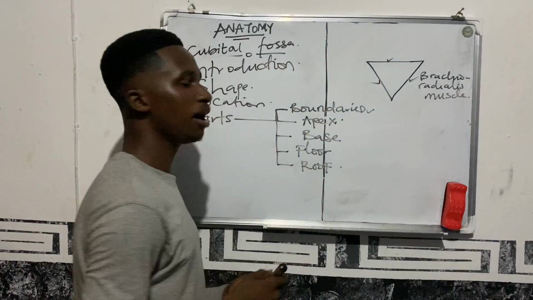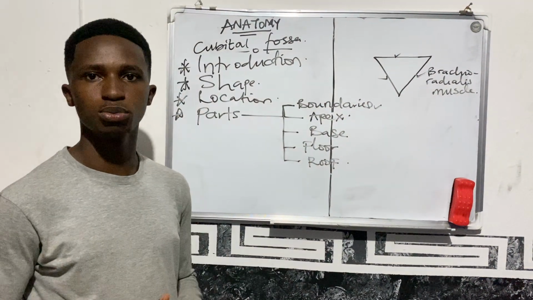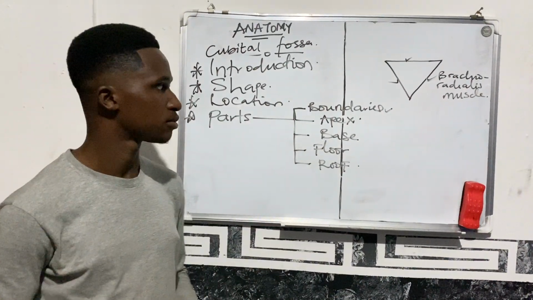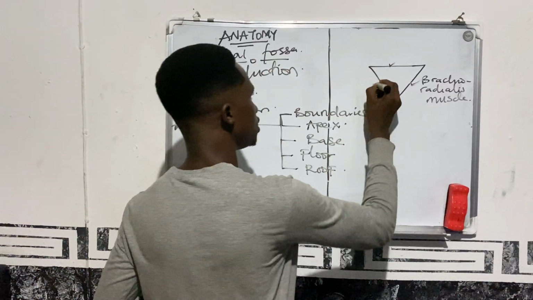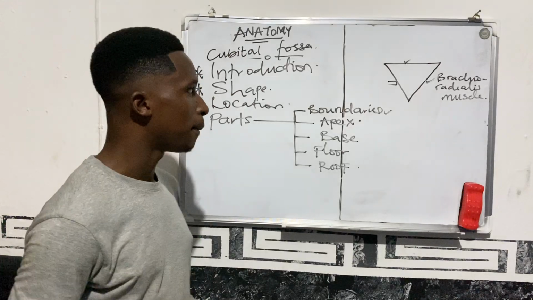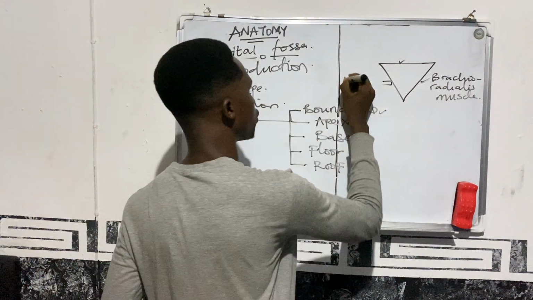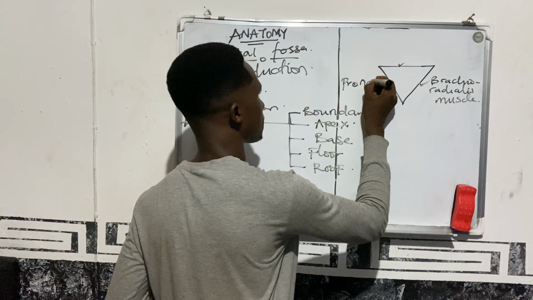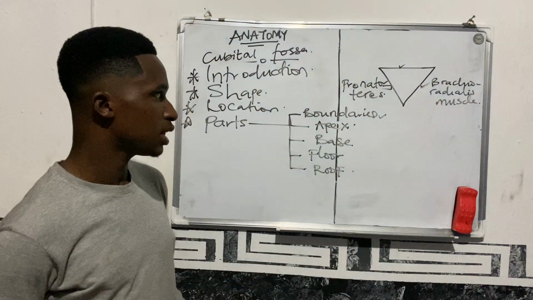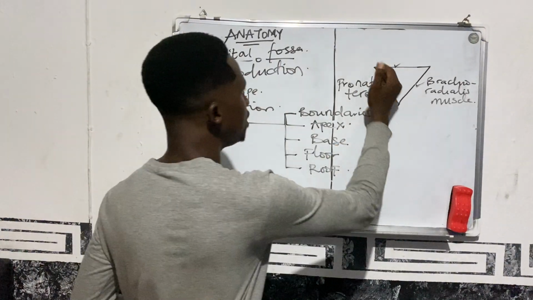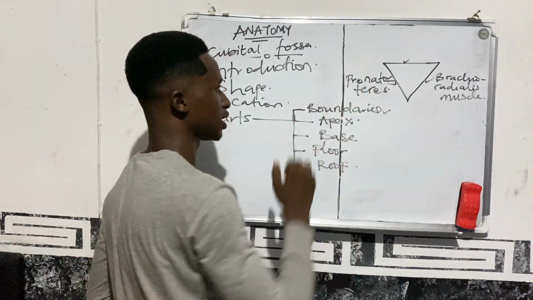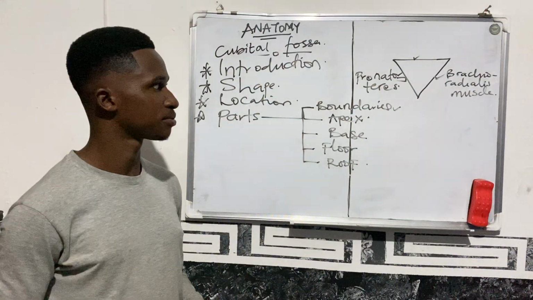The medial boundary of the cubital fossa is formed by the lateral border of the pronator teres. I repeat, the medial boundary is formed by the lateral border of the pronator teres.